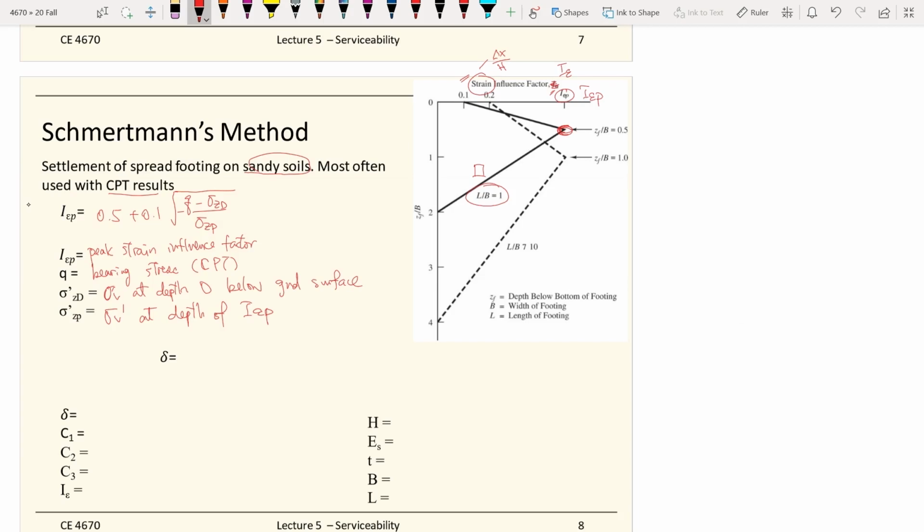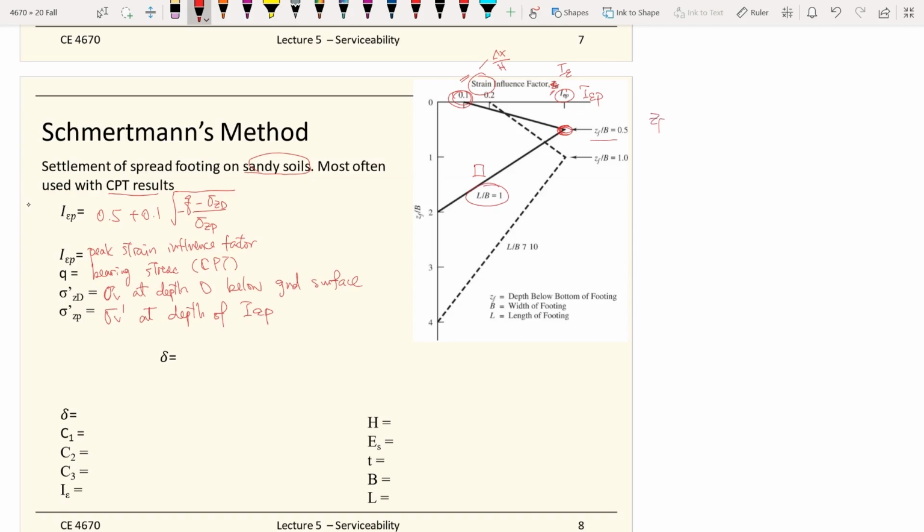Your curve will start with 0.1, the line will start with 0.1, and this part will depend on the depth below the bottom of the footings divided by the width of the foundations. That will be equal to 0.5. So that is the location of the C sub F, pretty much the location of this point.